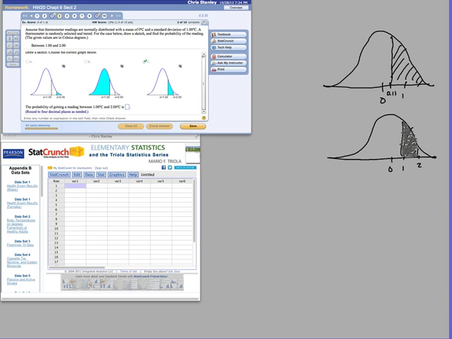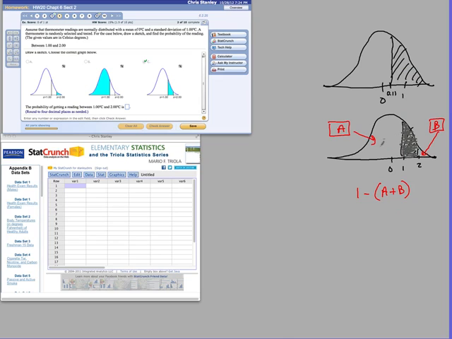StatCrunch will find this and this. Let's call this one A, and what this is B, and we have to add these together and then do 1 minus that sum. So it's 1 minus (A plus B). Okay, so I'll leave it up to that.